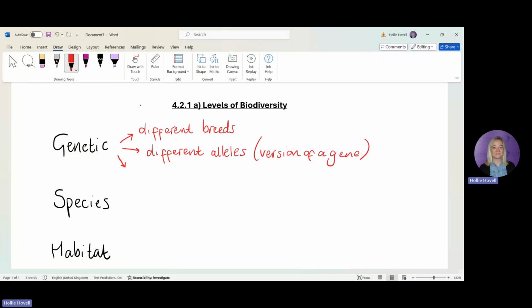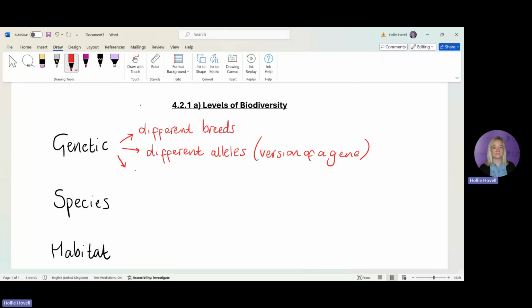It might be that some of the versions of the species die, but some versions survive. Some of them have an allele that allows them to survive those changing conditions. That means it's able to adapt, it's able to undergo natural selection, which is obviously the basis for evolving and changing over time.